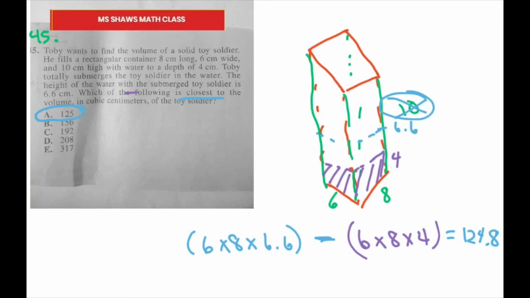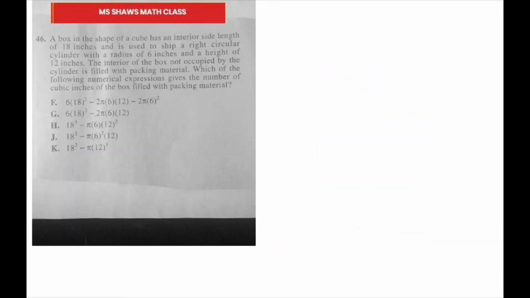All right, and the last one is this one. Basically we have a box in a cube shape that's 18 centimeters, and it's used to ship a right circular cylinder. So we know that the box volume is going to be 18 cubed.